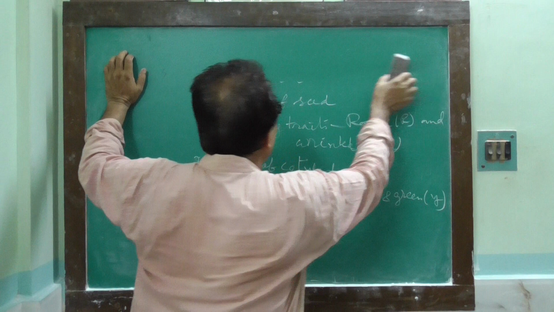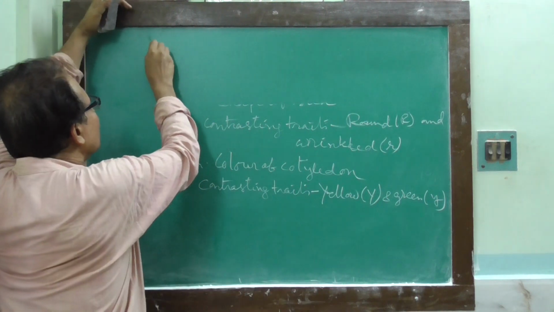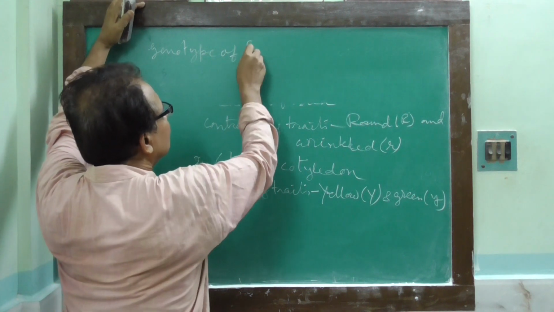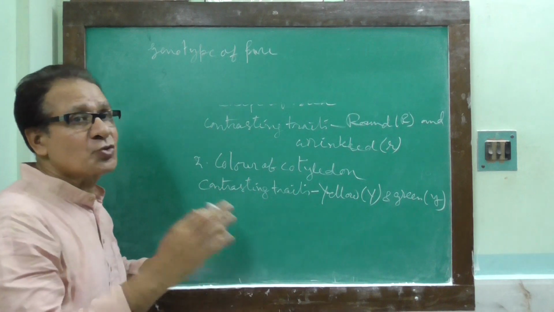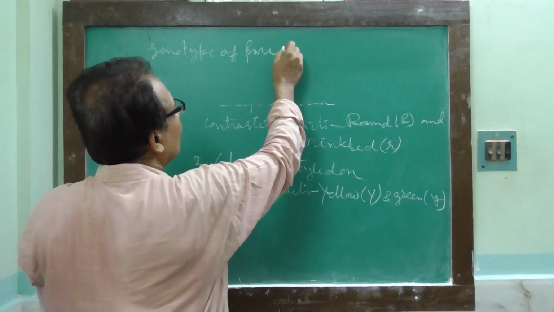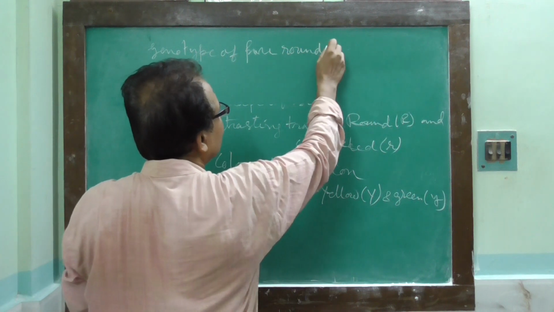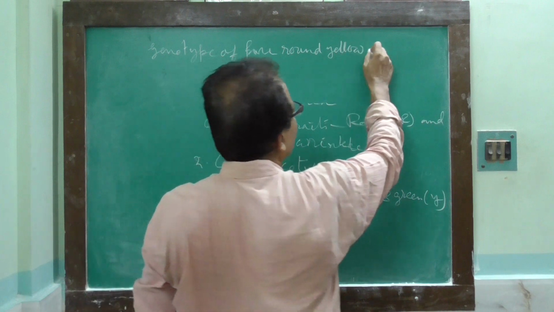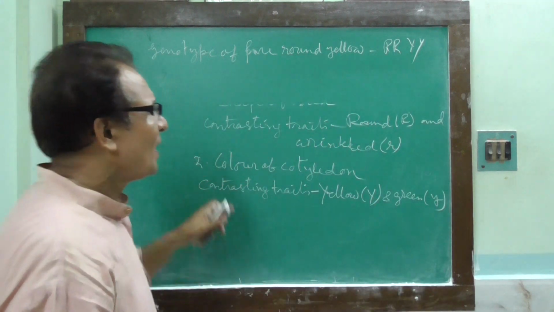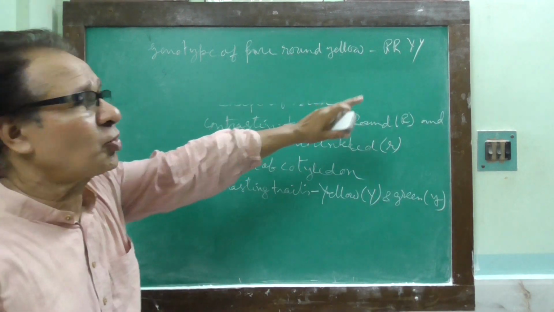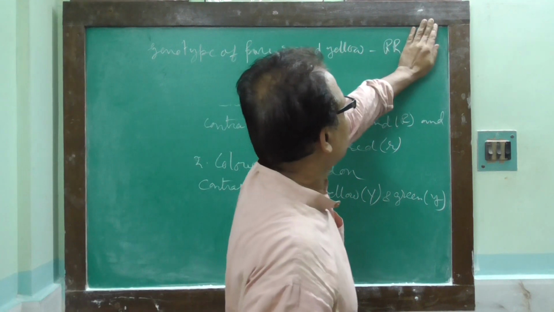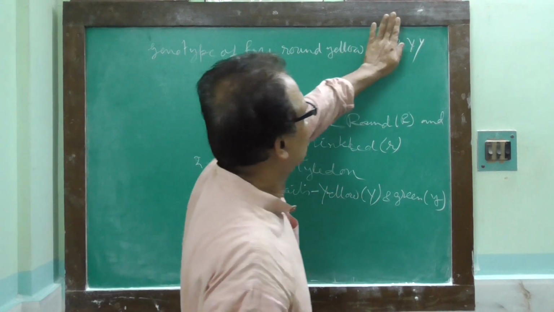So the genotype of the pure parental generation starts with pure round and yellow. Actually, it is nothing but the monohybrid cross. Suppose in a monohybrid cross you would write the genotype of pure round, or the genotype of pure yellow.